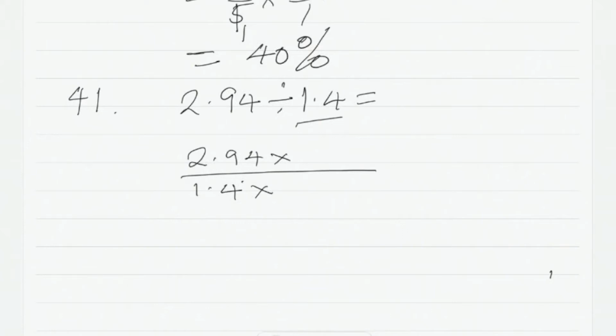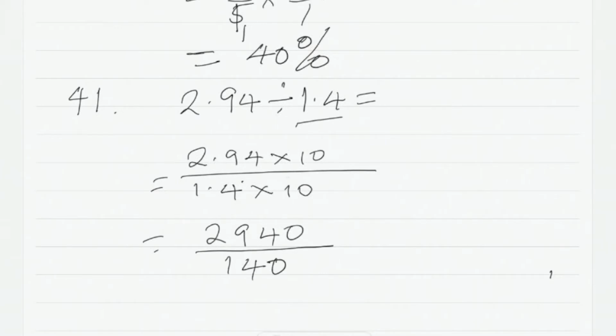Which number are we going to multiply with? You look at the number of decimal places that you have in a divisor. That is 1. So we are going to multiply this number by 10 and even on top there by 10. So we are going to have 29.4 out of 14.